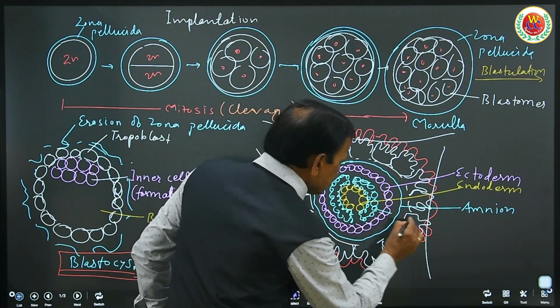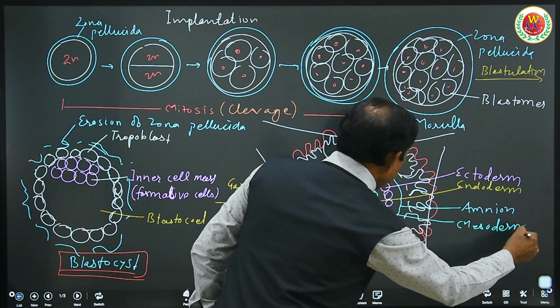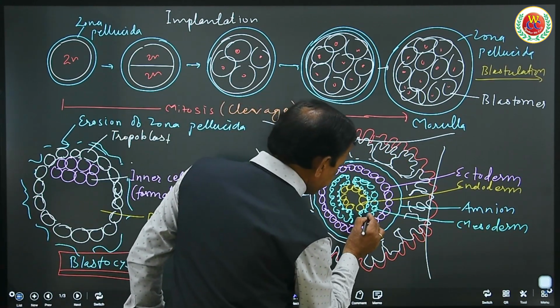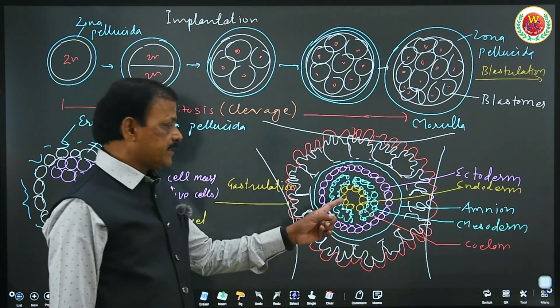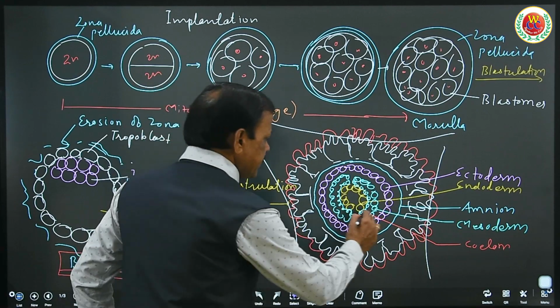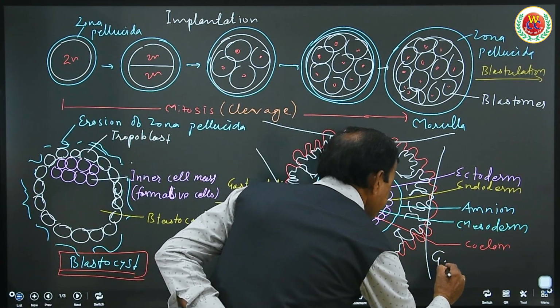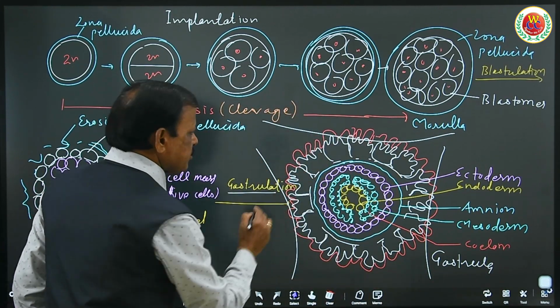So here this is the mesoderm, having a cavity in it. This cavity is called the coelom, where the organ systems can be arranged. Now, formation of the 3 germinal layers, this stage is called the gastrula, and the process is known as gastrulation.